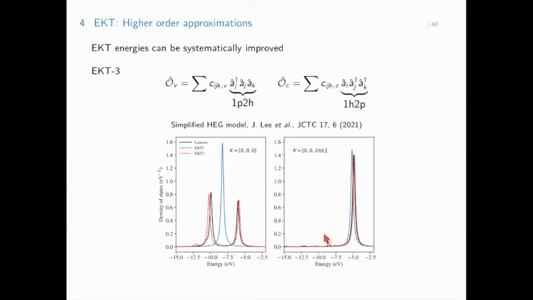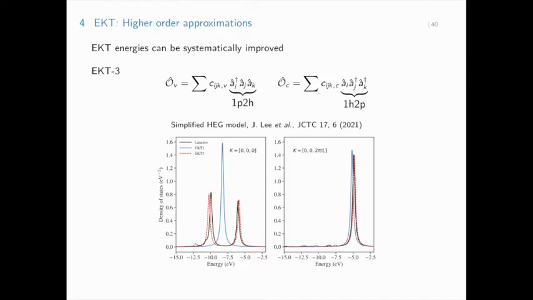But when we do the second order of the EKT, the EKT3, you will have two energies. This means that in the energy which corresponds to your quasi-particle, the effect of the satellites is less strong, so we better reproduce the position of the quasi-particle. I don't know if I was quite clear.